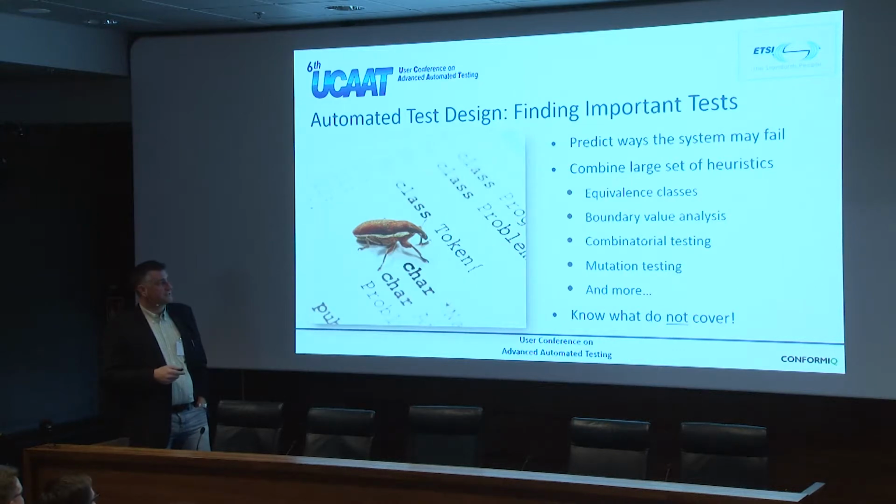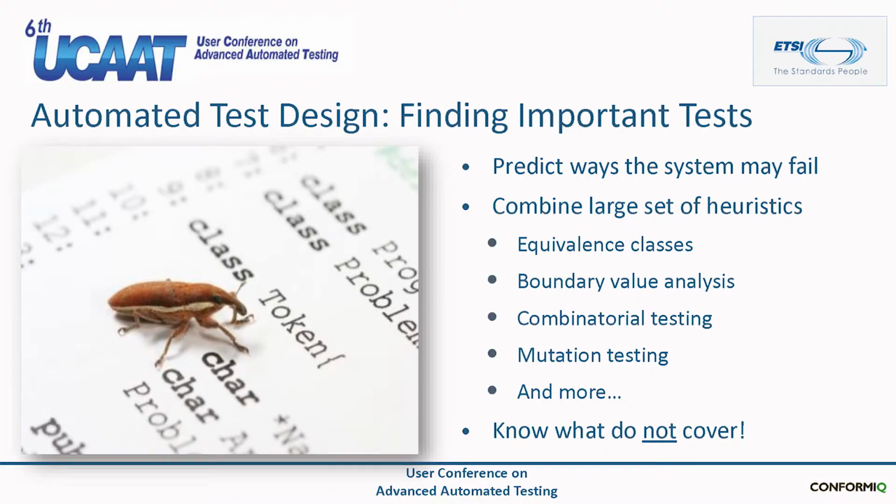And then, of course, we are trying to get coverage information. Did I cover all my equivalence classes? Did I cover my boundary cases? Did I cover my data combinations? Even mutation testing was one of the latest trends: are my tests strong enough to detect errors in mutations of my system?